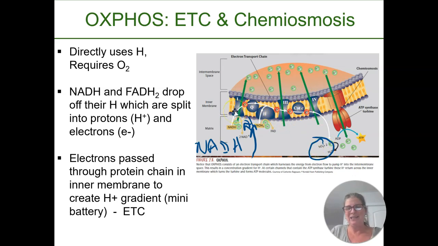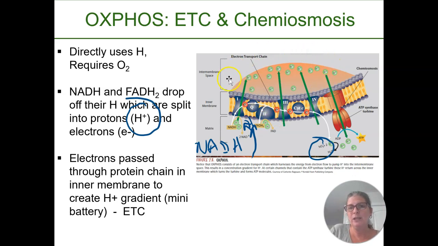Okay. Now, why is that significant? The electron has energy. And as the electron gets past, think of that game Hot Potato, right? It's just going boom, boom, boom through every one of them, then it pops in. This energy from this electron shuttling is used to pump the protons out. So when we split that hydrogen, we're left with what we call a proton, because one proton, so we say H+.